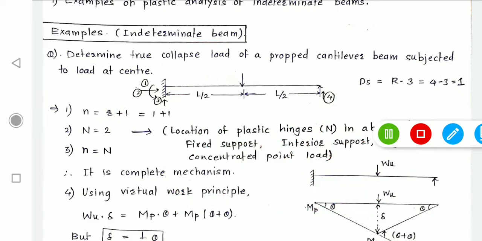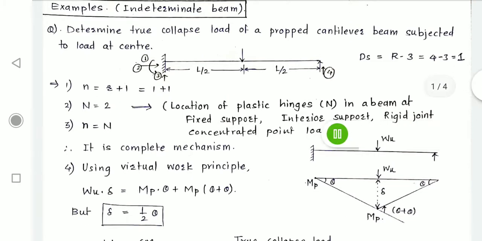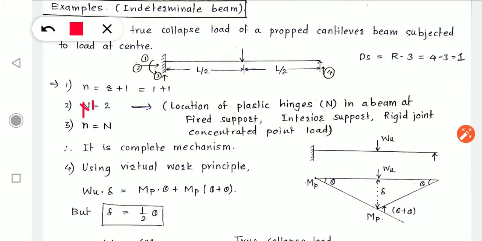So here in place of r I am putting the value 1. 1 plus 1 gives us 2. Then the number n, capital N, is equal to 2.